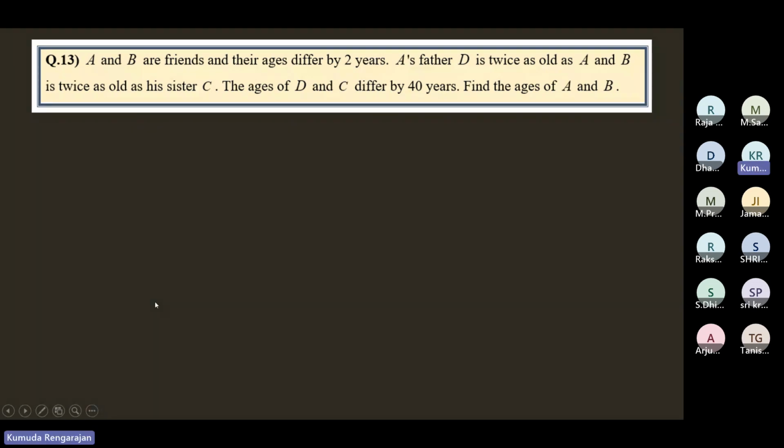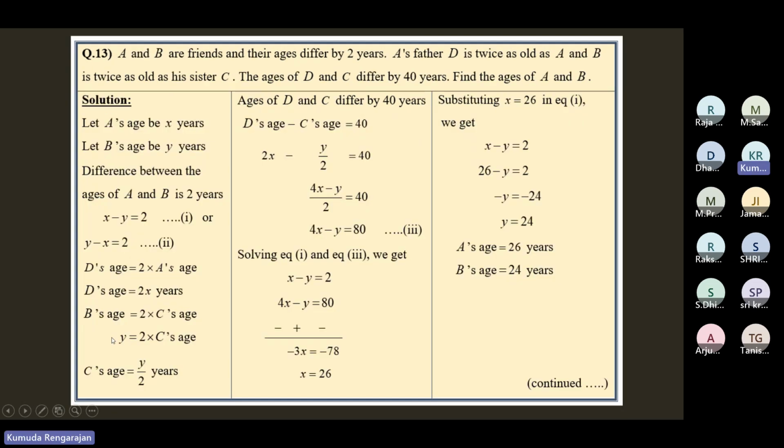Yeah, others? What's the answer for this one? Okay, it's time. So see here.